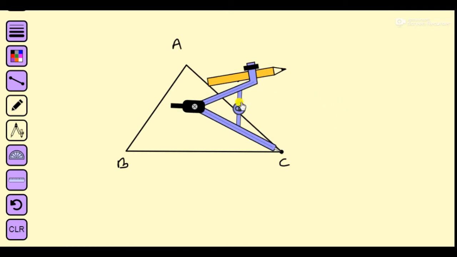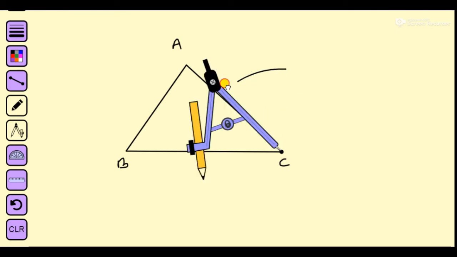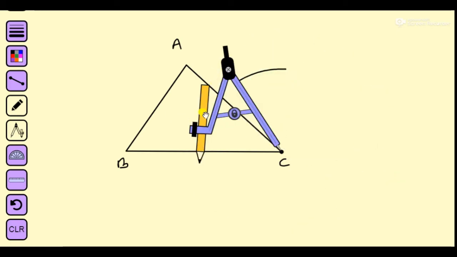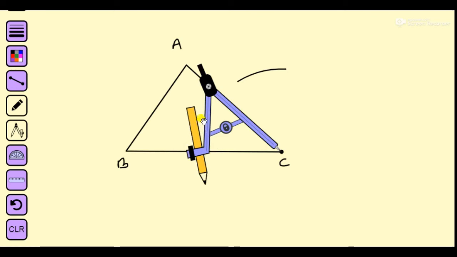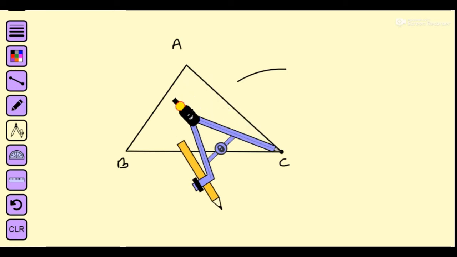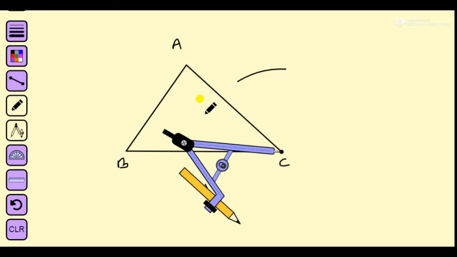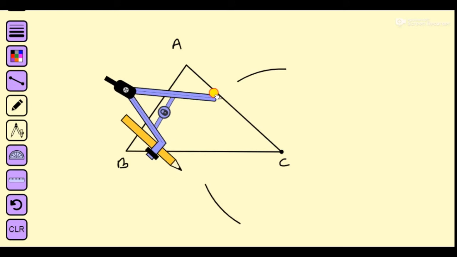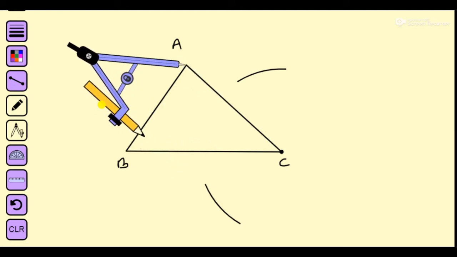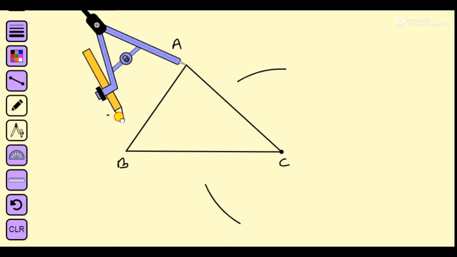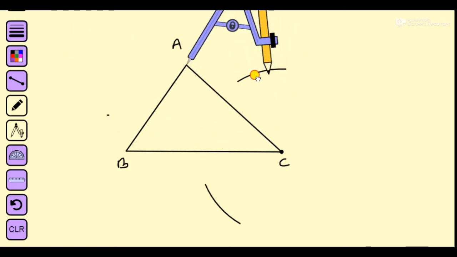Now it is also here. And second, you can put the compass here and make an arc like this.